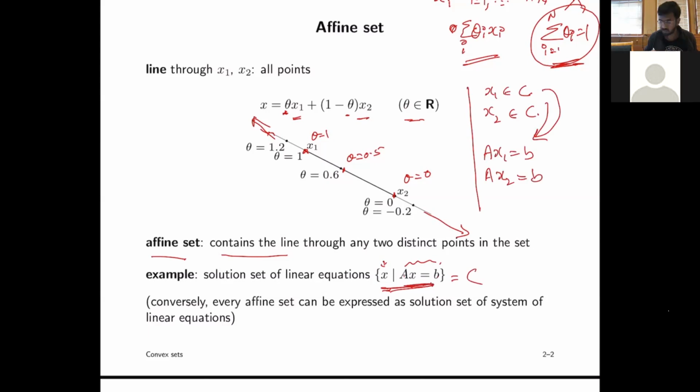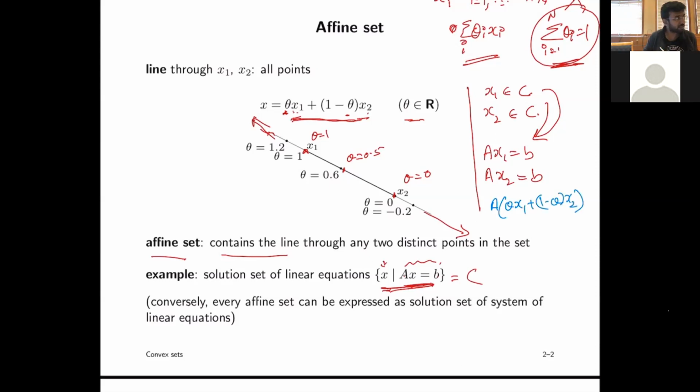Clear? Now, my point is whether this point is also a part of the set. If it is a member of the set, that means the line through X1 and X2 is a member of the set. So I will just verify now. A into theta X1 plus 1 minus theta X2. Now I will see whether this is B or not.